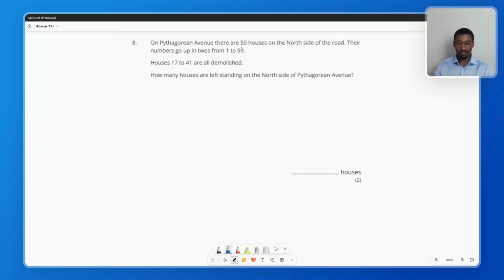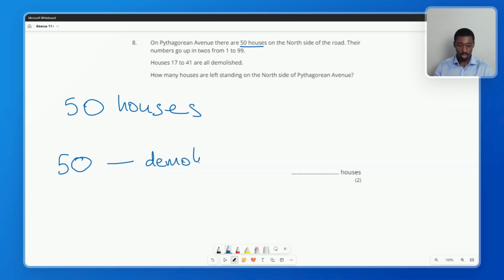We know there are 50 houses, and all we have to do is take the 50 and minus the number of houses that are demolished, and we should be left with the houses left standing.